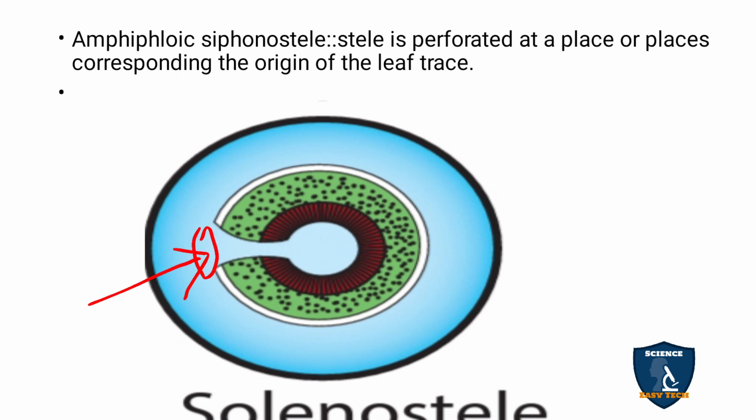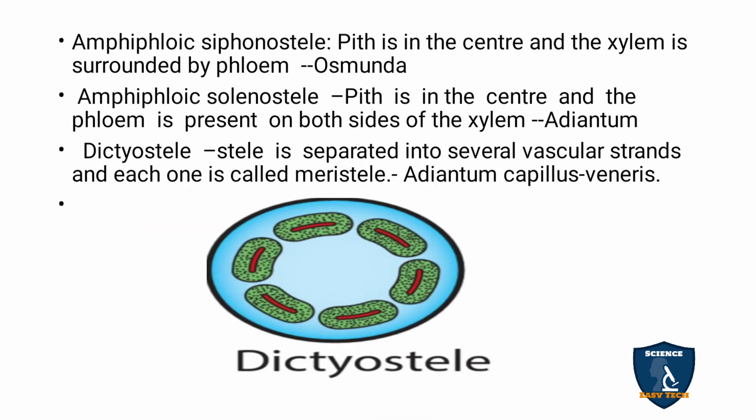So in this type the pith is in the center and the xylem is surrounded by the phloem. Example, Osmunda.